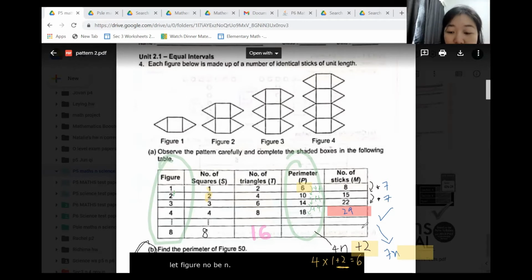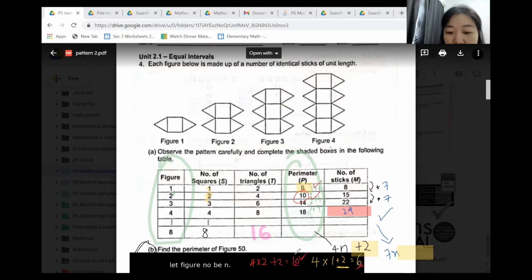So I need to try whether it works for my second one. So I try my second n term. If I use 4 times 2, because it's figure number 2, and then I plus 2 here, do I get 10? Yes, I do get 10, right? So this one works also. The first one also works, because this one was 6, this one is 10.